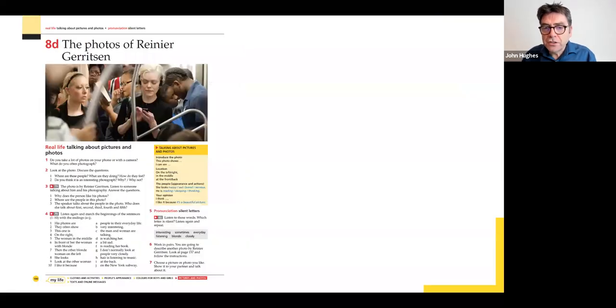Another way in which they might do this is, again, another example from a course book I wrote, where students looked at the photos of a famous photographer called Rainer Gerritsen. You can see at the top of the page there, it says the photos of Rainer Gerritsen. Rainer Gerritsen is an interesting photographer. He has a fantastic website, if you just Google his name, where he specializes in photographs of real people, but not like photo stock images of people, but genuine people in different situations.